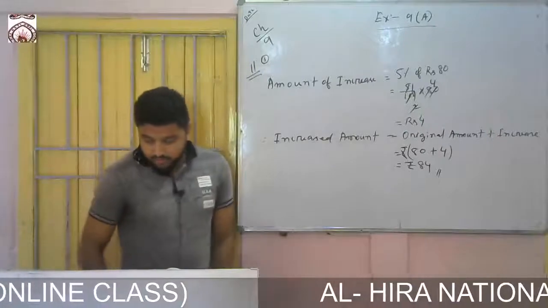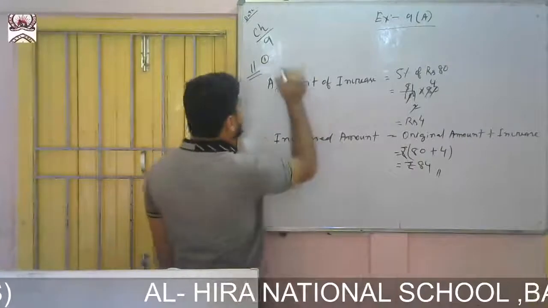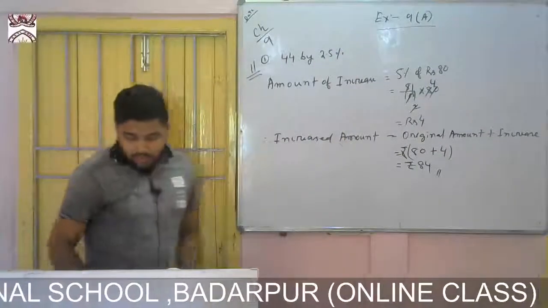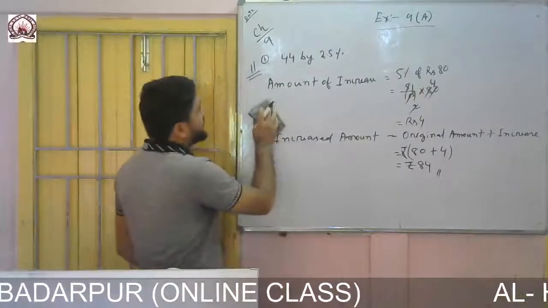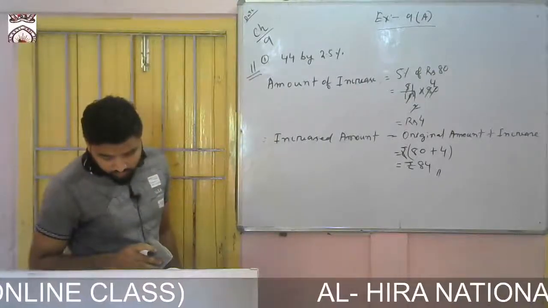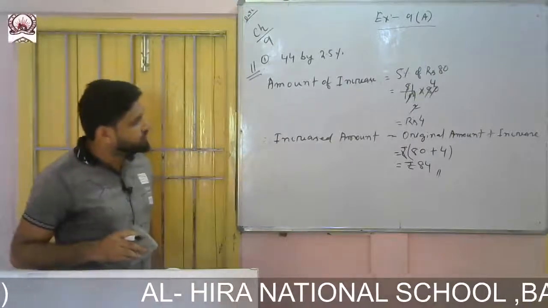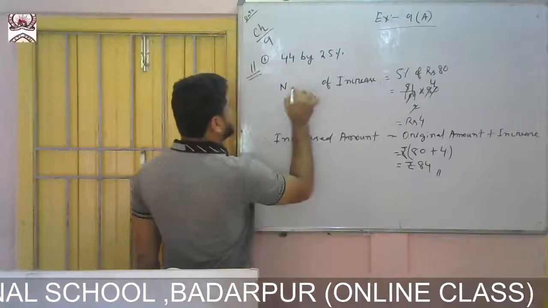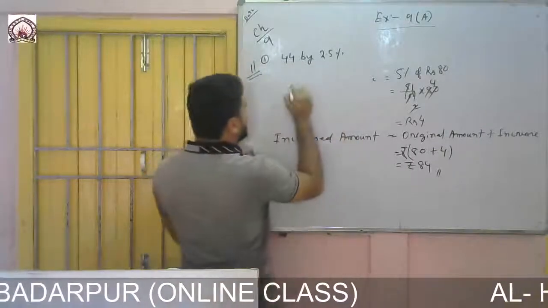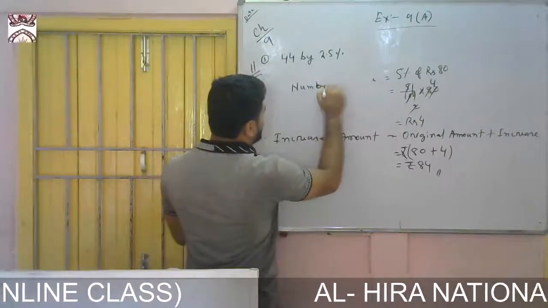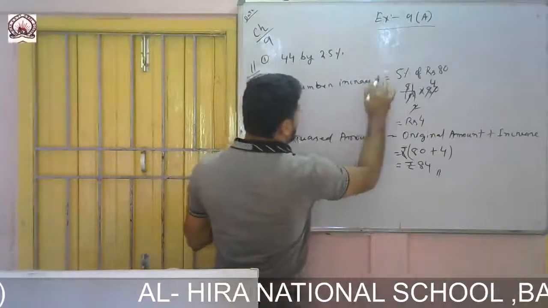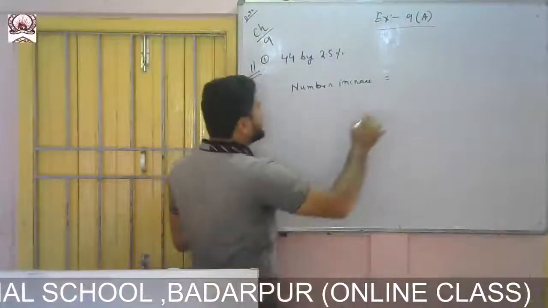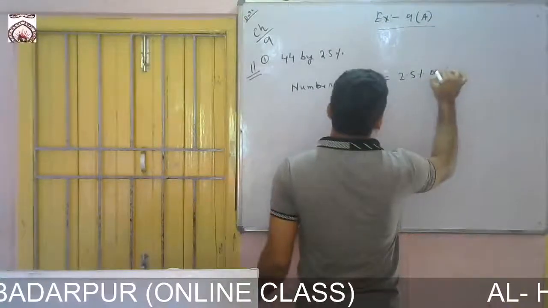44 increased by 2.5%. So the number increased equals 2.5% of 44.